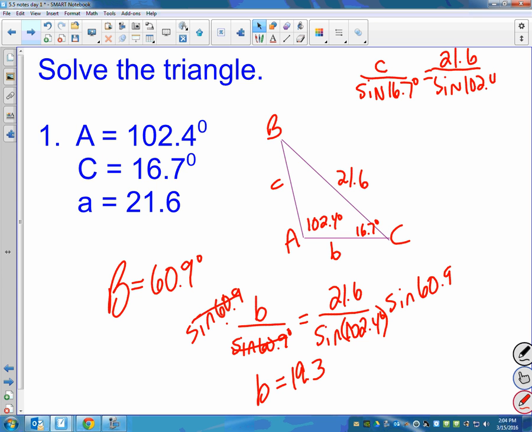So what I do is I try to save myself from punching in a million things on my calculator. I just arrow up back to that thing I just typed in, and I just scroll over to where I typed in 60.9, and I just change that to 16.7, and then that would be the exact right thing.